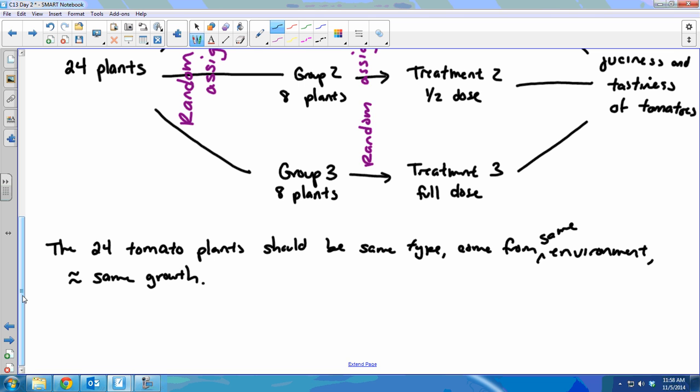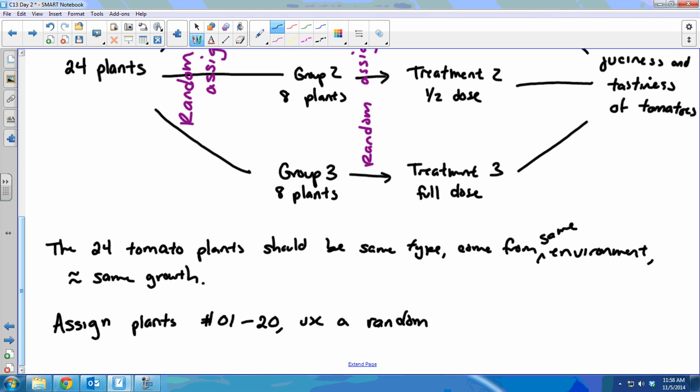Then it says in our diagram we're going to have random assignment to groups. How are you going to accomplish that, though? You say you're going to do random assignment, but how are you going to do it? Okay? Assign plants number 1 through 24.